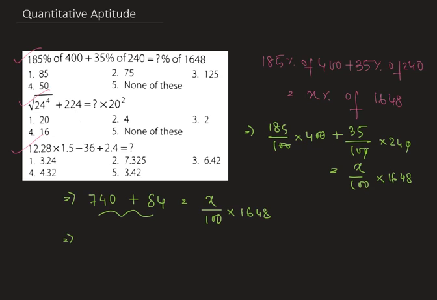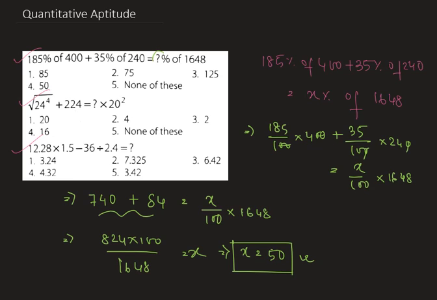So after summing up we get 824, which equals x divided by 100 multiplied by 1648, so x is equal to 824 multiplied by 100 divided by 1648. After some computation, we get 50 here. So the required value of the question mark is 50, that is option 4.